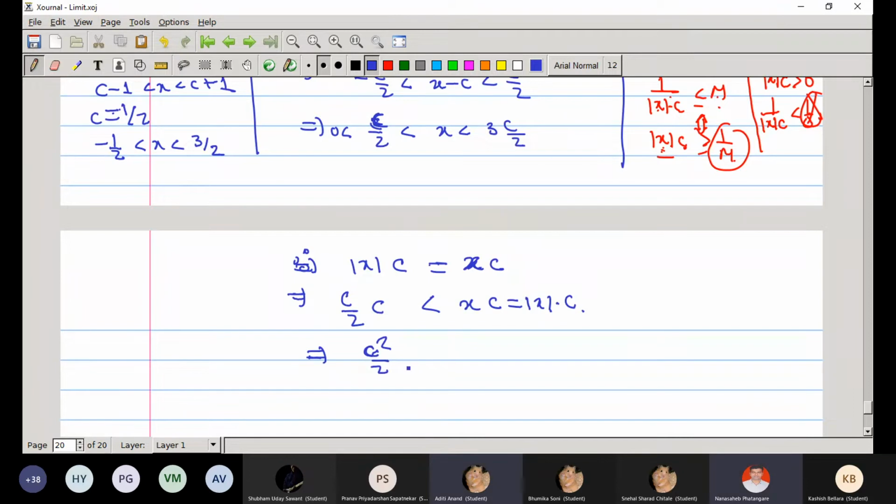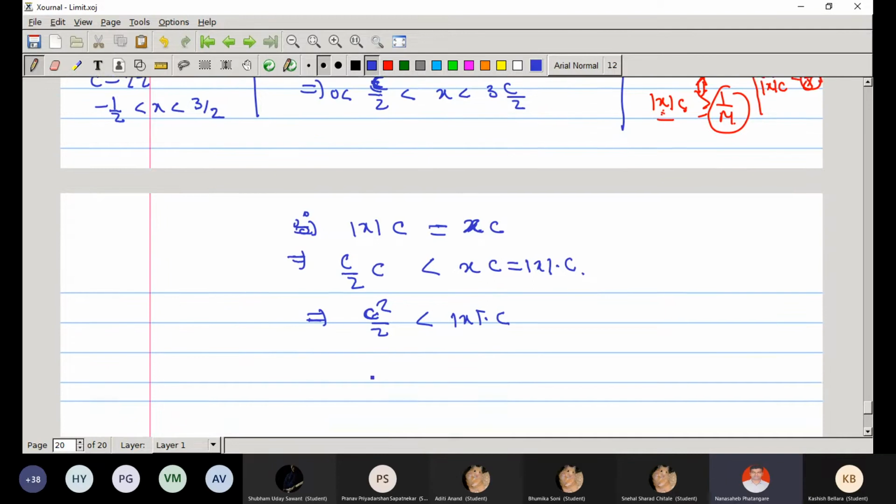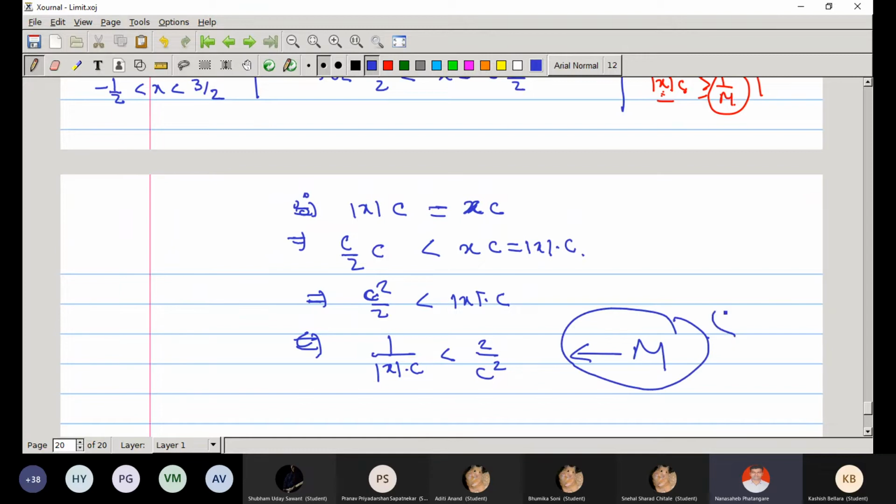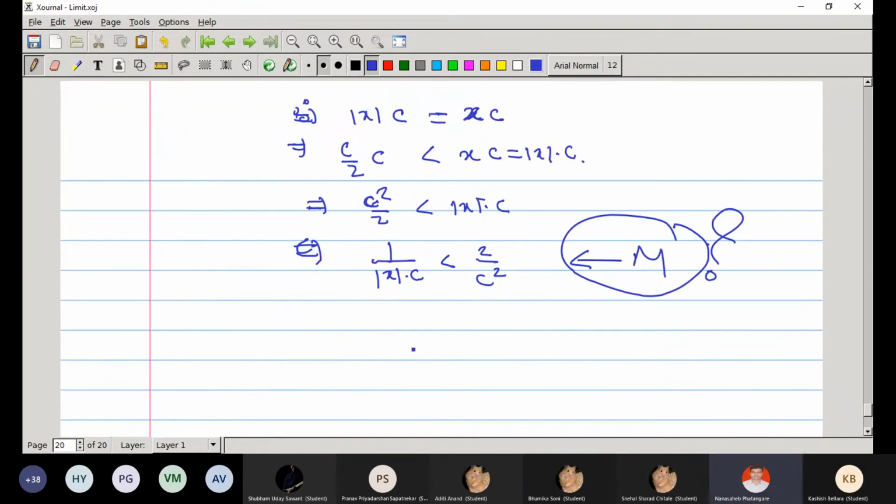So c²/2 is less than the absolute value of xc, and ultimately what I have is 1/|xc| < 2/c². Right, this is the m we wanted to find. So is this correct? Yes, so we obtain the constant.